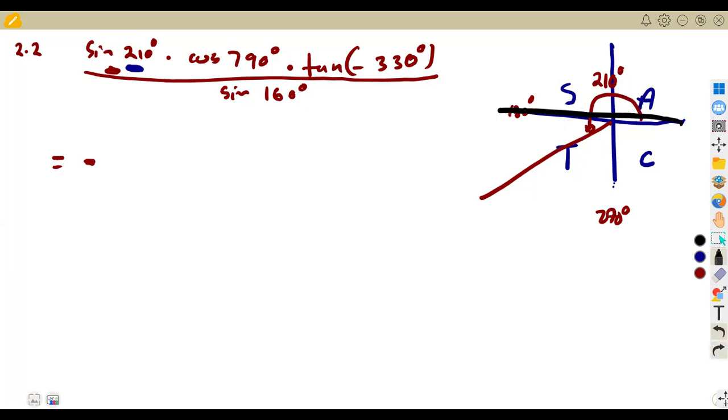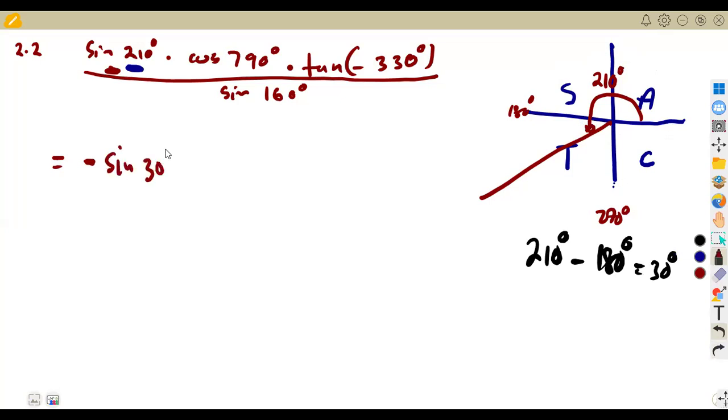You remove the straight line to remain with this angle. So that's 210 degrees minus 180 degrees, and that is going to give us 30 degrees. So it's going to be minus sine 30 degrees. Like I said, sine is going to carry a negative. This is not the quadrant for sine. It's the quadrant for tan. Tan there is the one that is the king.